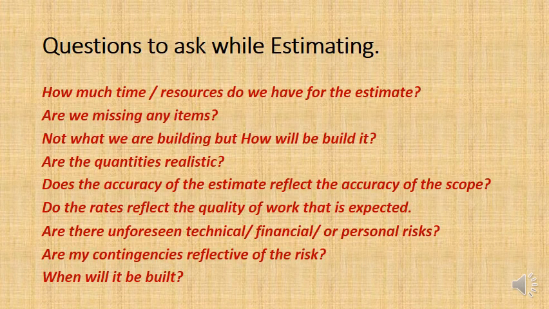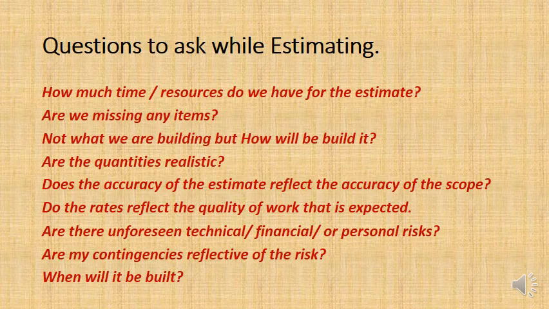So other key questions to ask while estimating, these are just ones that I thought of. How much time and resources do we have for the estimate? So try and figure out what level of accuracy you need for the estimate. There's no point making a really accurate estimate when you don't have the scope defined. Also, especially if you are doing an itemized estimate, ask yourself, are we missing any items?